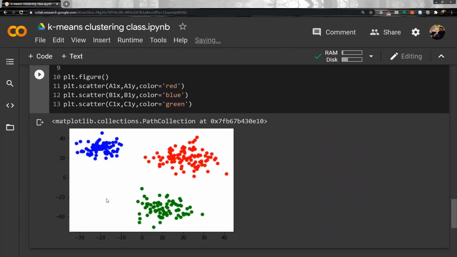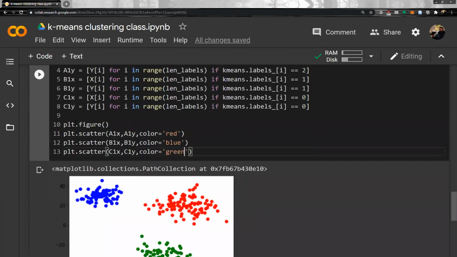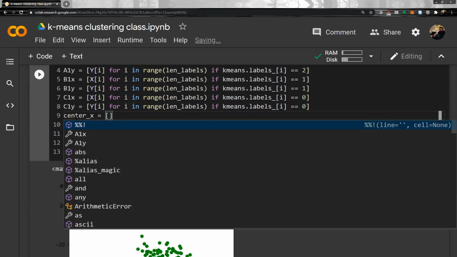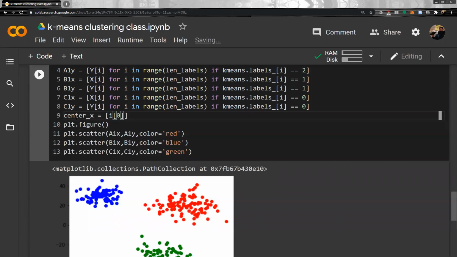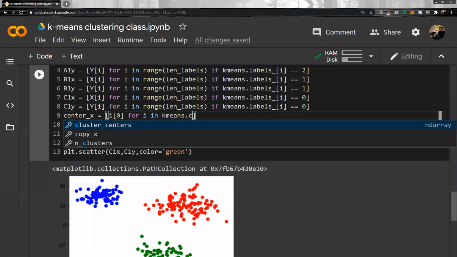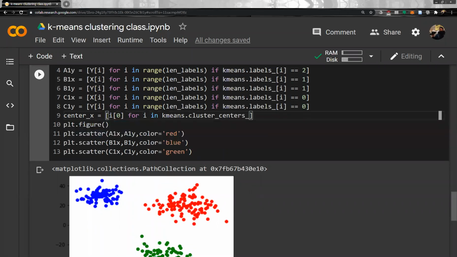For centers, let's define center x equals i[0], the first term, for i in kmeans.cluster_centers_.